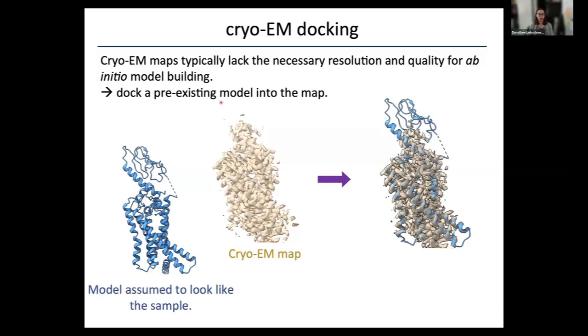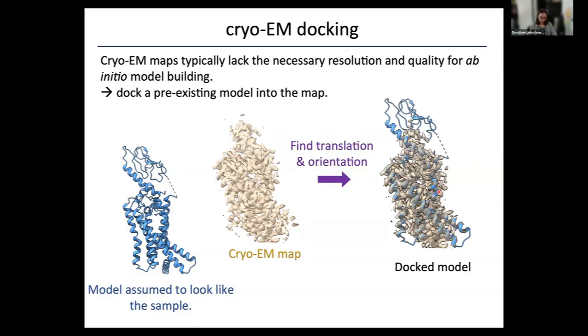And if this is not available, we can also use an AlphaFold or a predicted model. So we use a model that we assume looks like the sample. We have a map, we find the translation and orientation, or the program tries to figure that out, and we end up with a docked model.